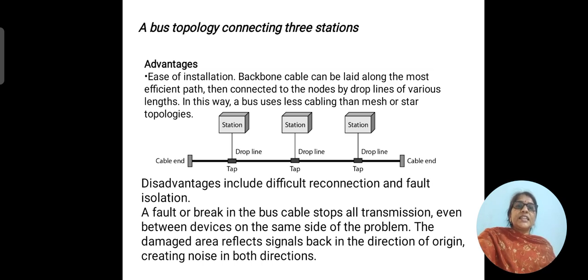The advantages and disadvantages of the bus topology are as follows. Let us see the advantages. Ease of installation: the backbone cable can be laid along the most efficient path, then connected to the nodes by drop lines of various lengths.